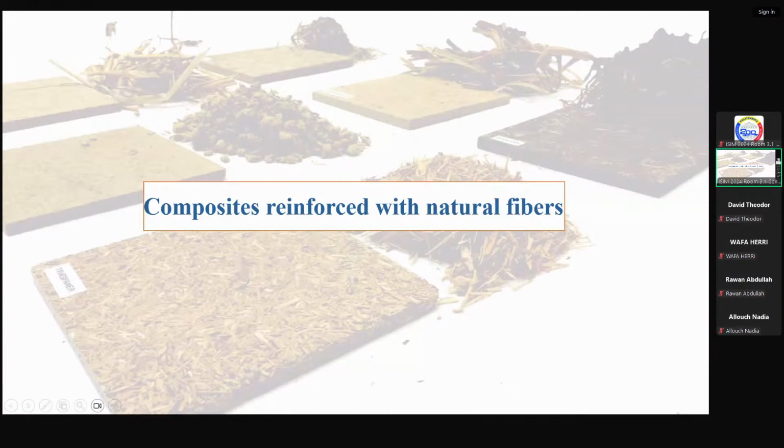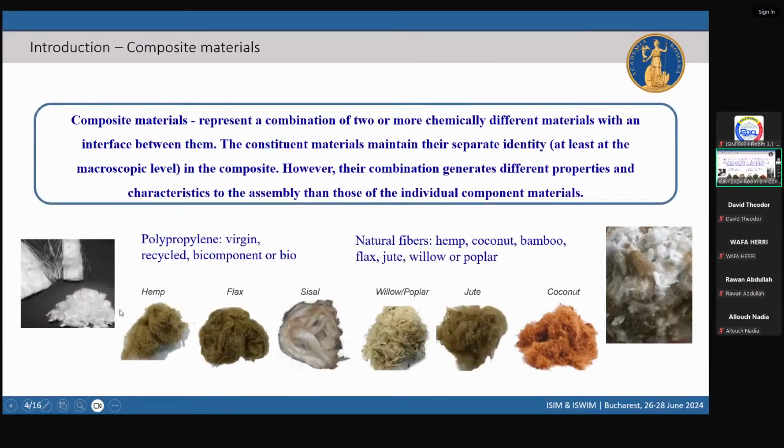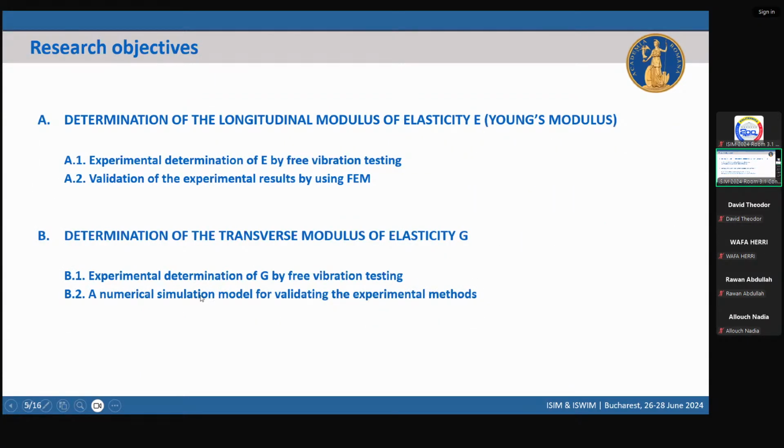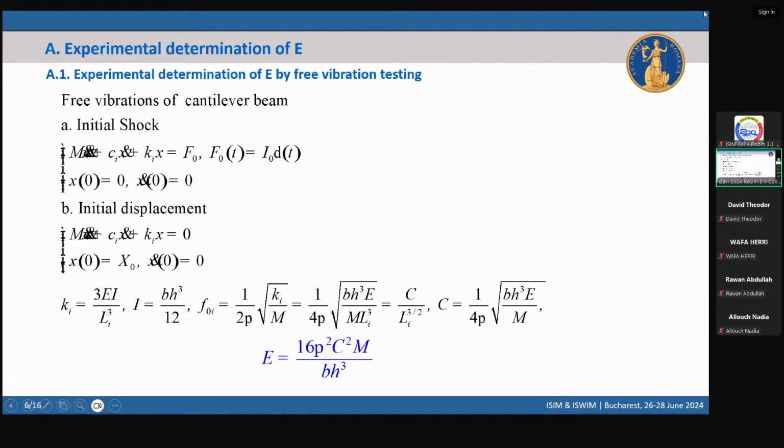You can see here hemp, flax, sisal, willow, poplar, jute, and other kinds of materials which are not even long fibers, they are just spread on a polypropylene base, and then they are pressed with pressure.